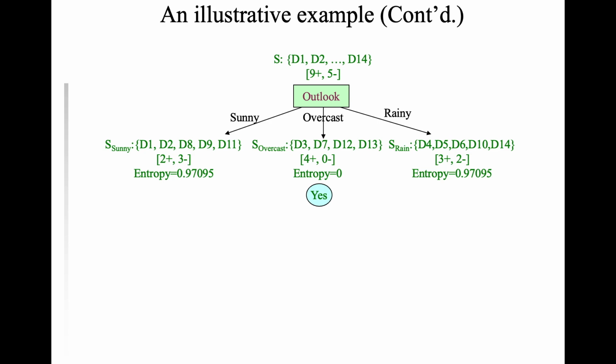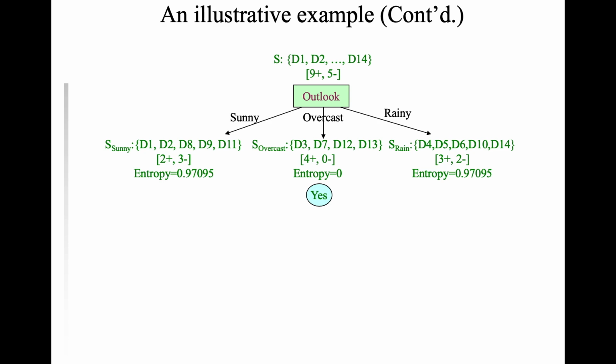Another situation in which you declare a node as a leaf node is when you have no more attributes to use as a splitting attribute, right? We have a limited number of attributes in our data set. For example, here we had 4. So if we have already used all of them, then we have none left.